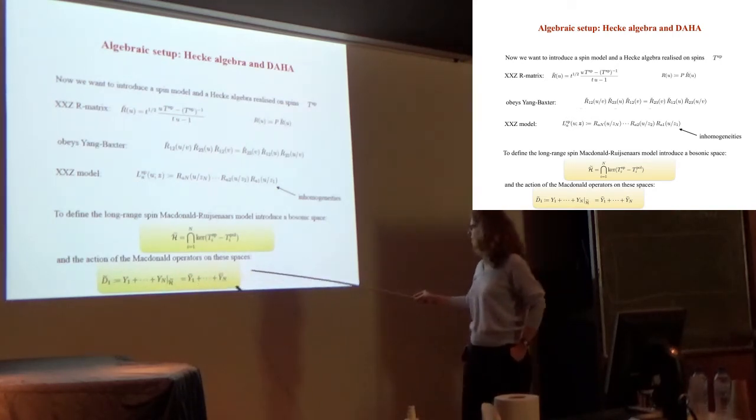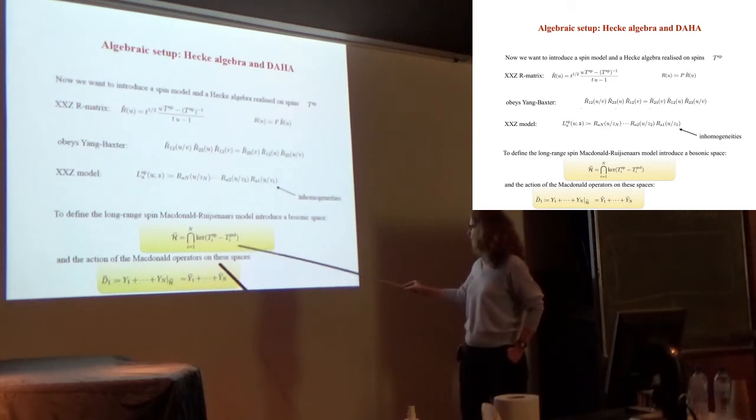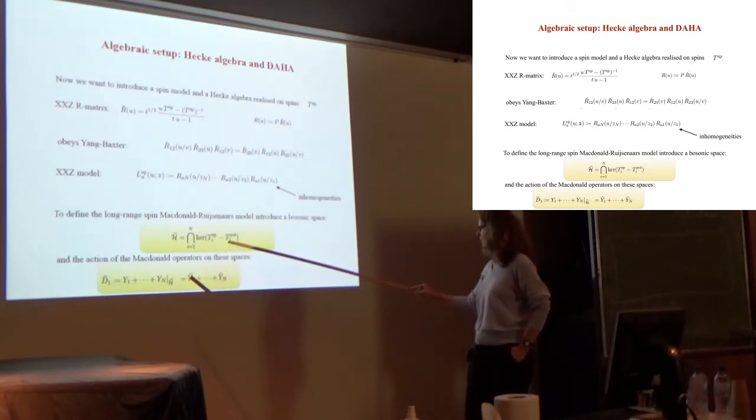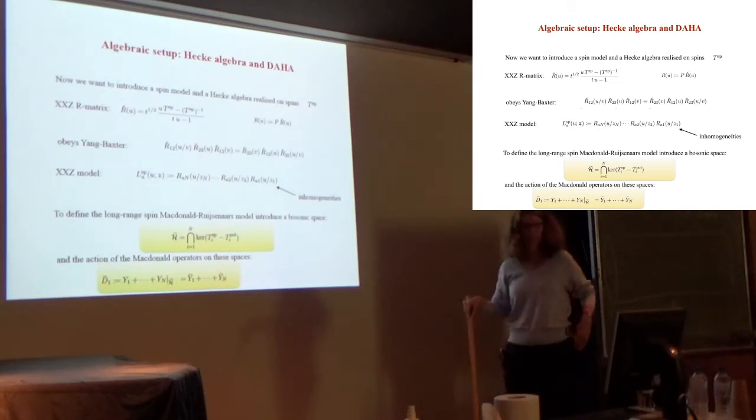So I get some reduced action. I can translate through this relationship between T spin and T polynomial. I can reduce the action of Y operator on the spin variables.